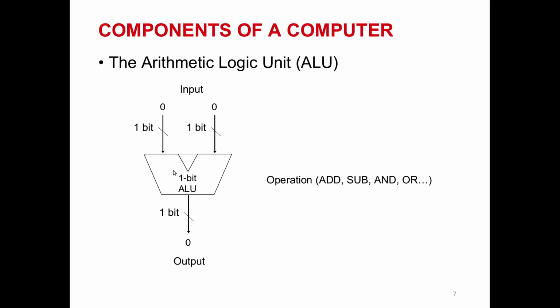A one bit ALU has 2 bits of input, one for each of the operands, and 1 bit output. These 2 bits can be added, subtracted, or ORed, giving the result out here.